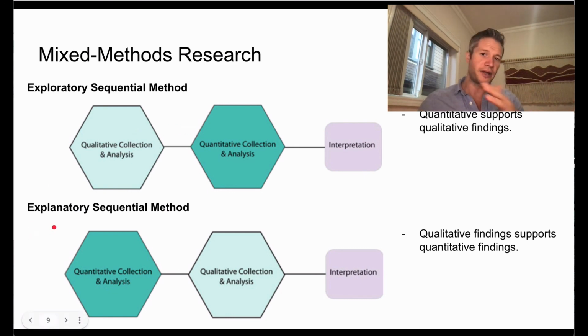So to vary that a little bit, or look at that in a slightly different, opposing way, we have an explanatory sequential model. So at first we get some quantitative data. So again, let's go back to shopping. You're in the store, shopper rates feedback 3 out of 10. Okay, so how was your shopping experience? 3 out of 10.